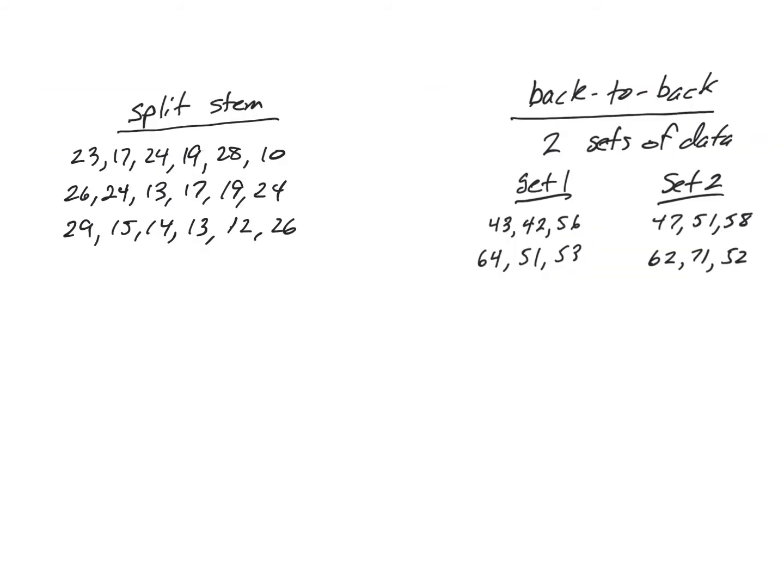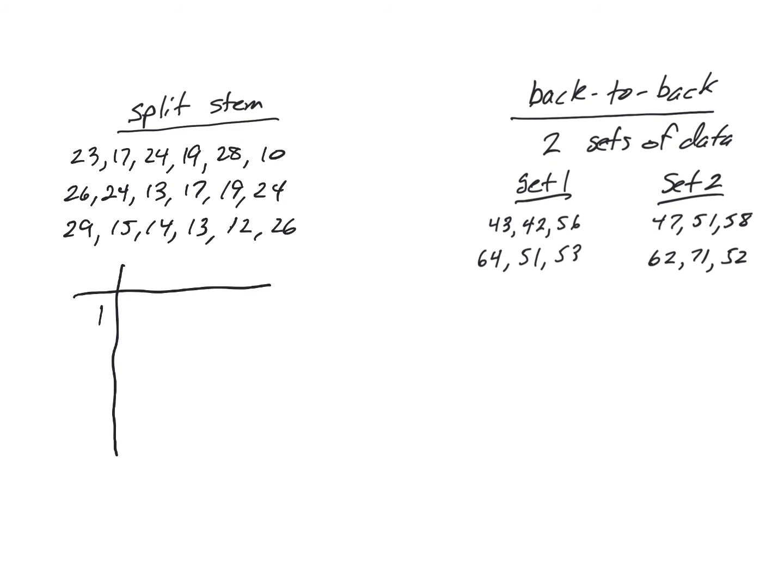Okay, the last two stem and leaves are a split stem and leaf and a back-to-back stem and leaf. A split stem looks like a normal stem and leaf, but when you look at your data, there's not a big range of numbers. Notice all these numbers are in the 10s and 20s, every single data piece.